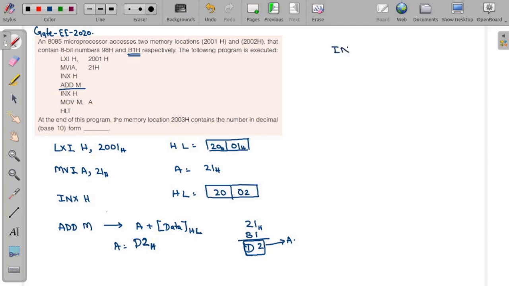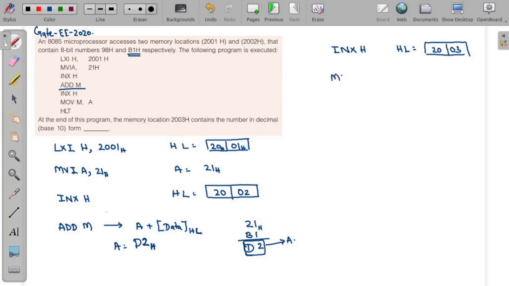It is INX H, okay. So again I have to increment the HL register pair by 1. So HL, initially it was 2002, now it will be 2003, fine.